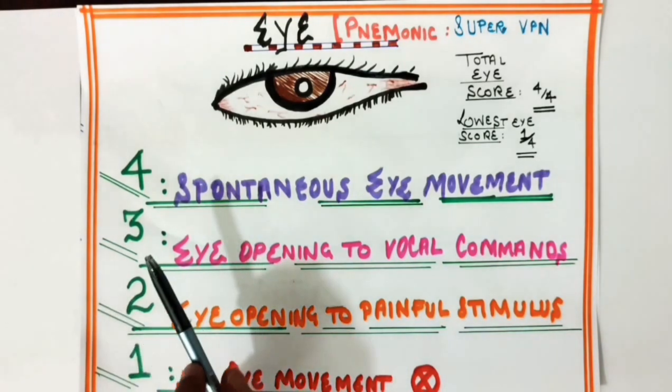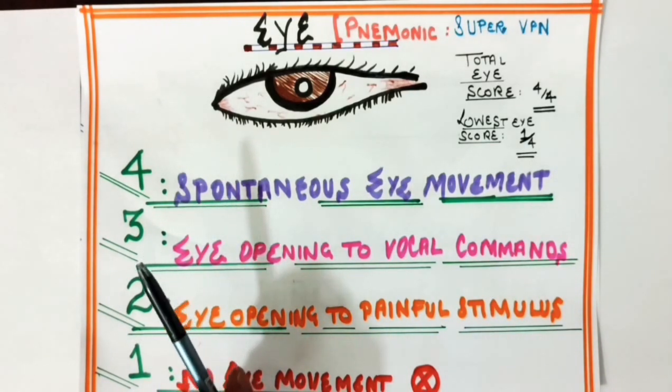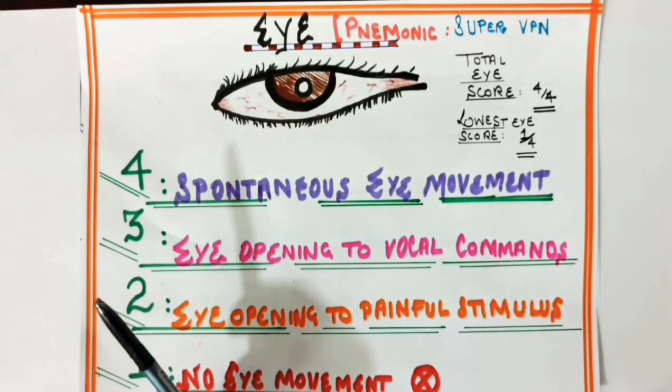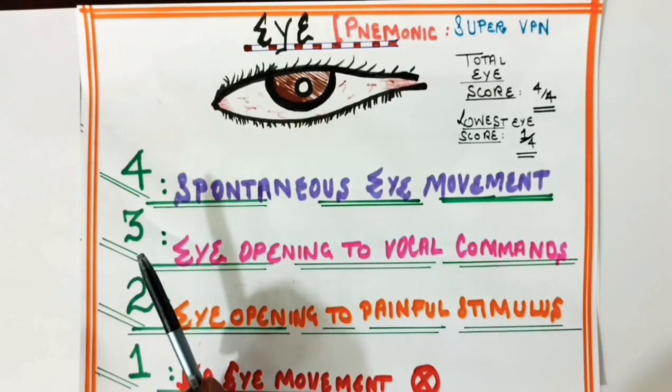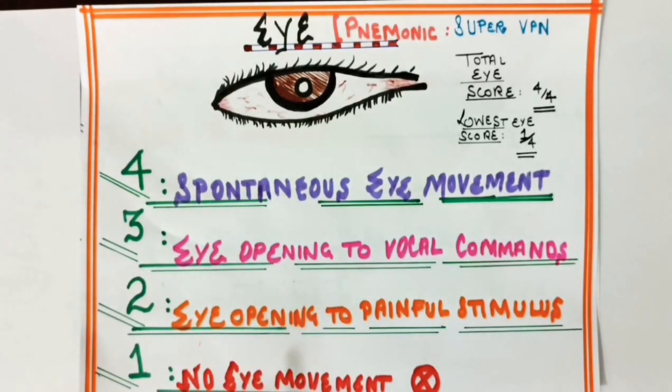Moving on, the first score: if we get a 4 by 4, or a full score for the eye, how is that possible? A patient comes to you in trauma settings and is in good shape.